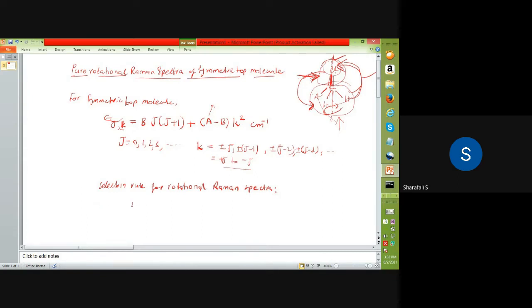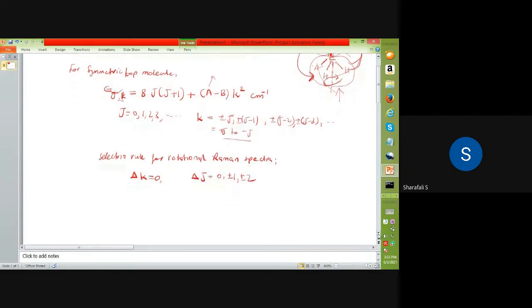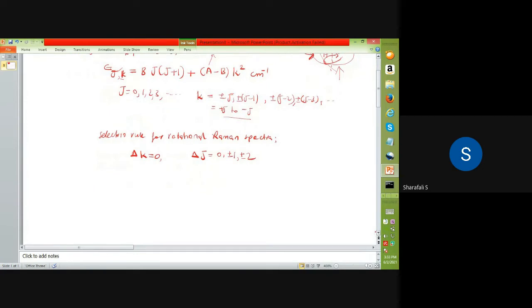That selection rule will be given by delta K equal to 0 and delta J equal to 0, plus or minus 1 and plus or minus 2. Initially, we had only plus or minus 2, but in this case, we also have plus or minus 1. So that is an important factor, and it will change your spectra.